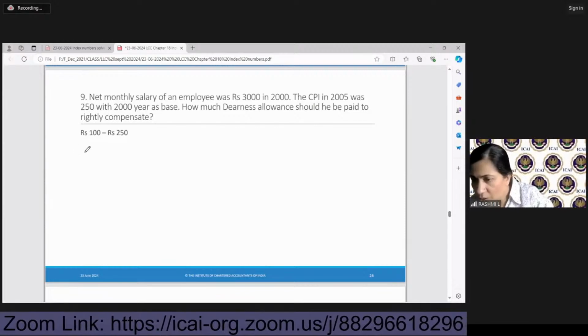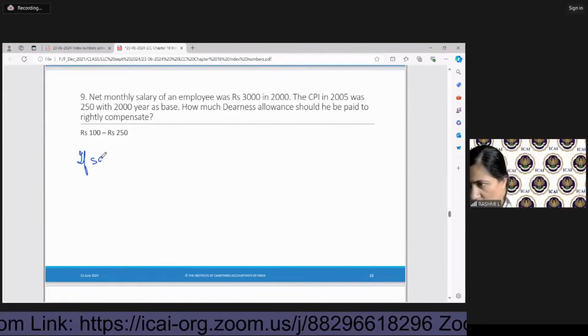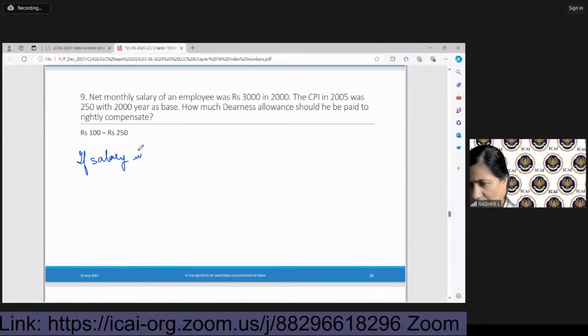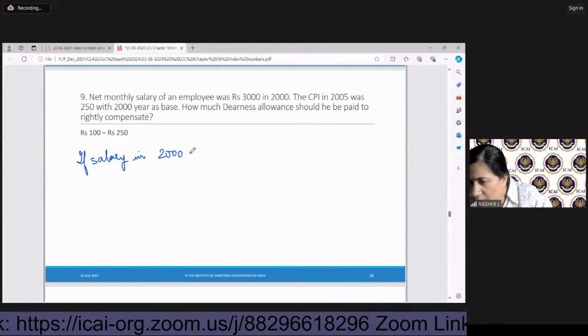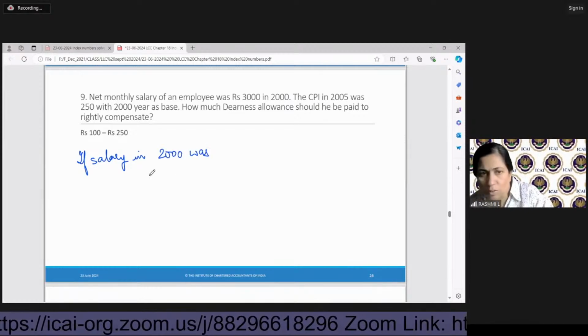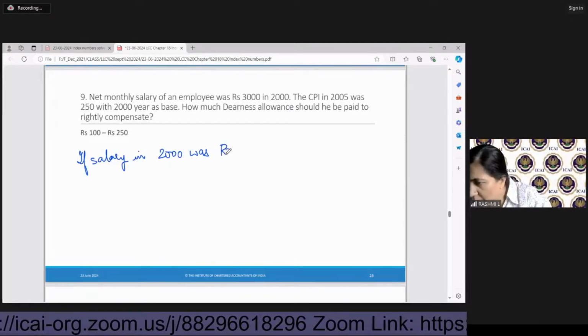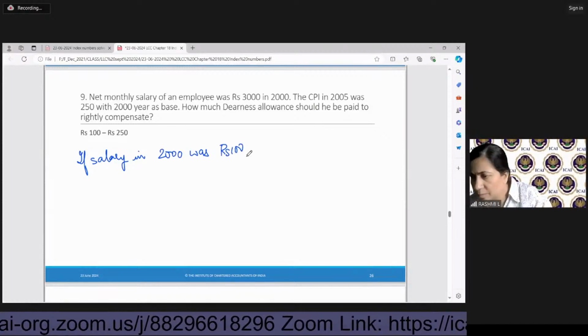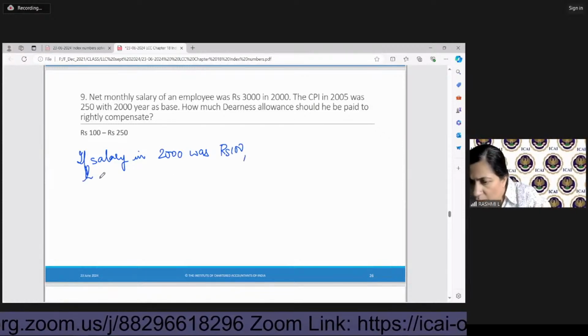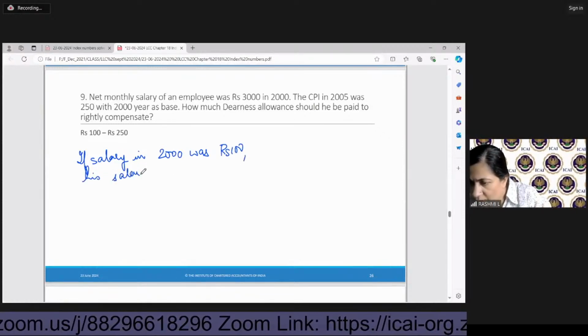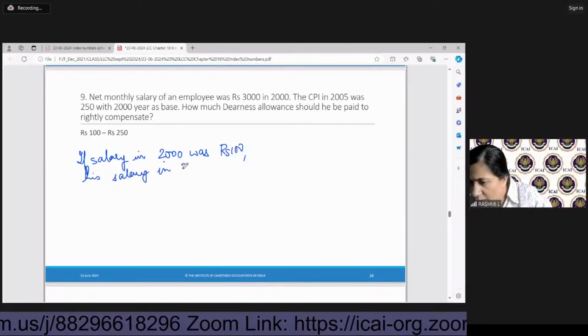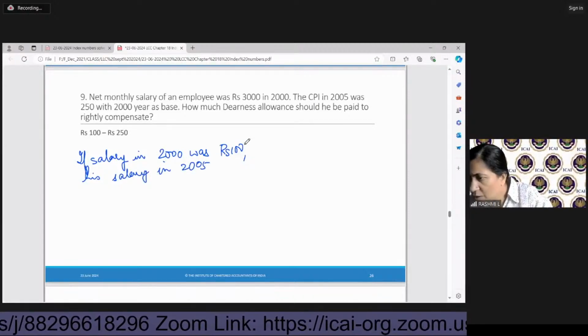So if salary in 2000 was rupees 100, his salary in 2005 should be how much?